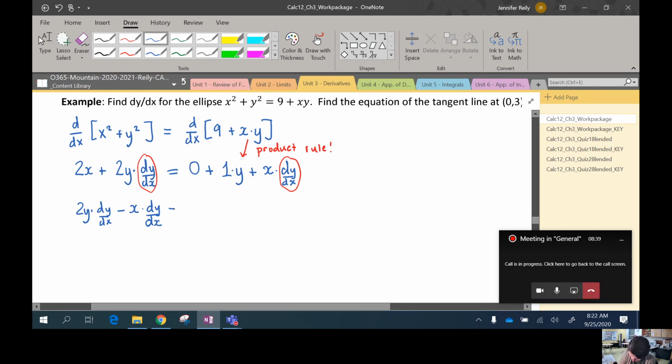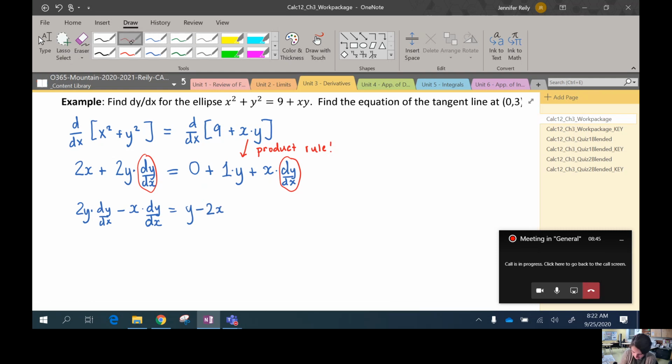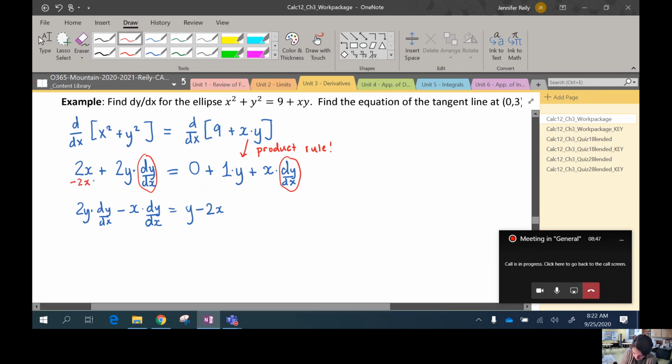And then on the right, I'm going to have y minus 2x. So I subtracted 2x from this side, and I subtracted x dy dx from this side and this side.